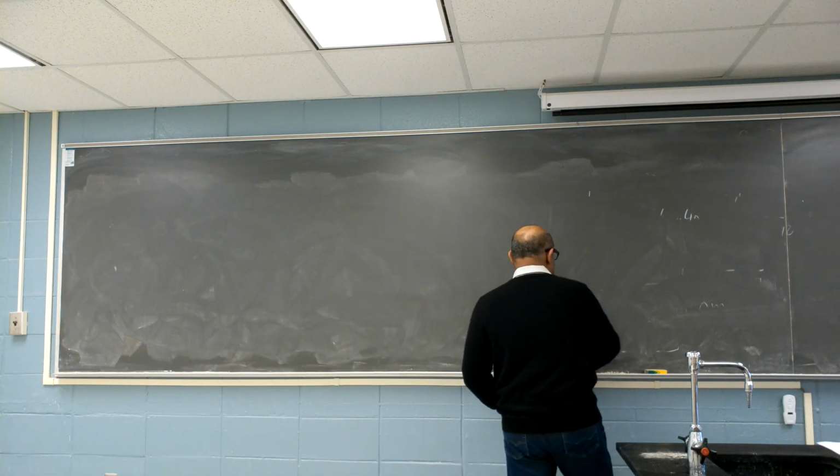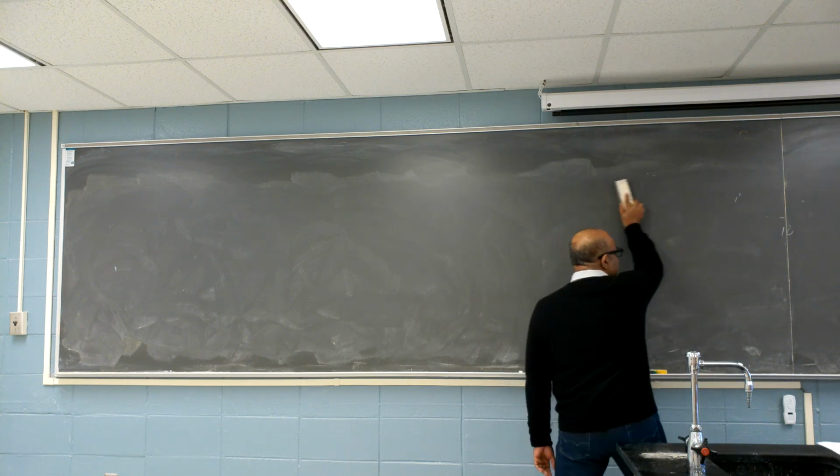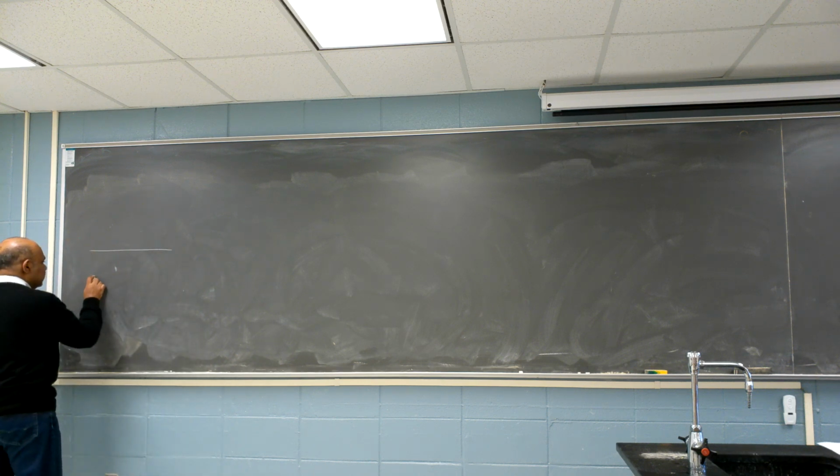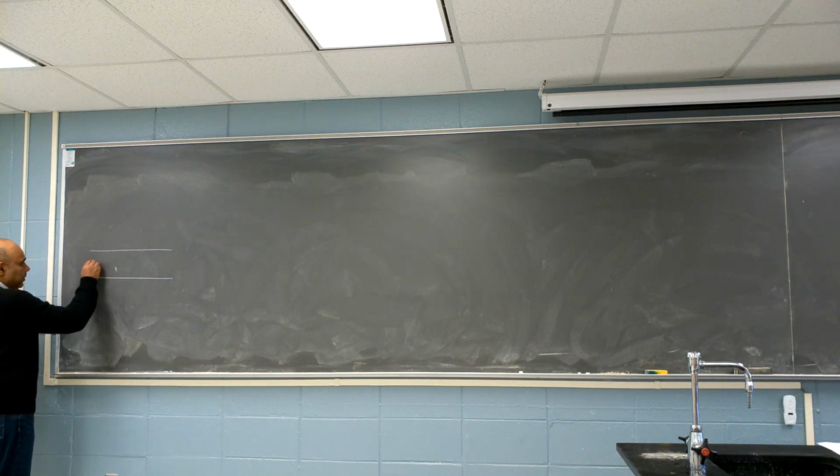So first of all, one way to do it is to brutally calculate, but we wouldn't want to do that. The other thing to do: this is where the current is, and the current is maybe coming out like this.